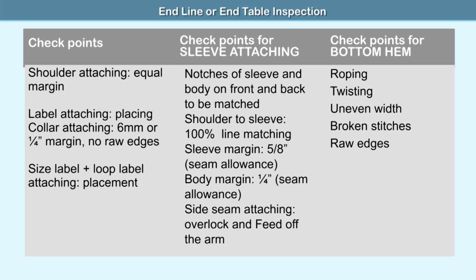Body margin 1/4 inch seam allowance. Side seam attaching, overlock and feed off the arm. Checkpoints for bottom hem. Major problems can be roping, twisting, uneven width, broken stitches, raw edges.